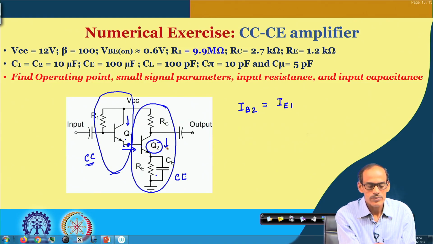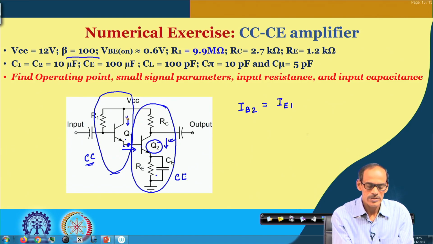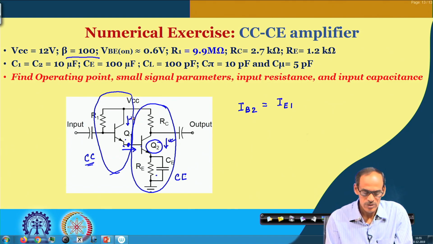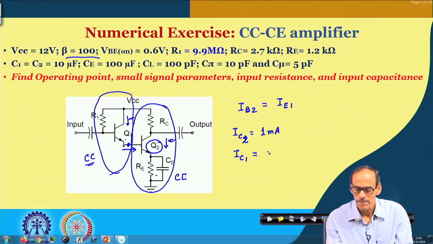In fact, if you consider beta as 100 for both transistors, whatever current we have here will be two orders of magnitude lower. So, for example, if I consider IC2 as 1 milliampere, then IC1 is only 10 microampere, and the corresponding IB1 is only 0.1 microampere.